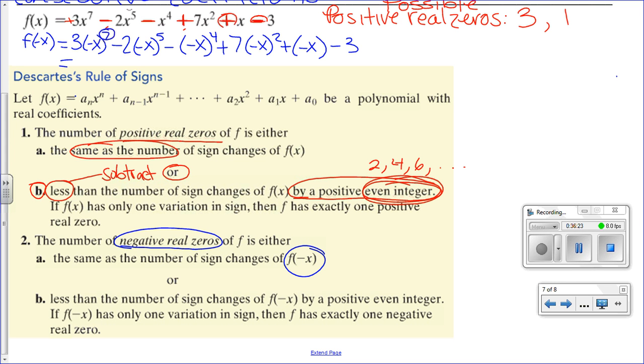So in other words, negative x raised to the 7th power, it will be negative x times negative x times negative x times negative x times negative x, and 2 more.